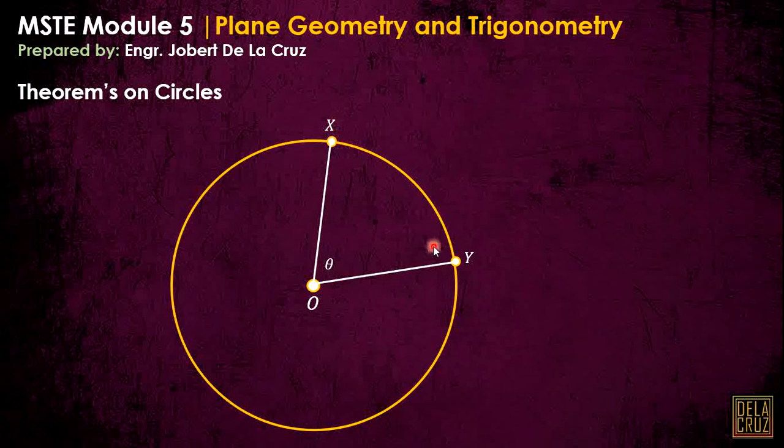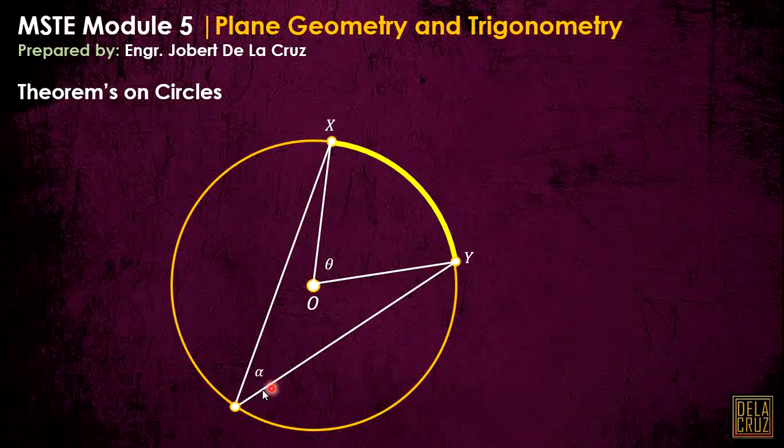Now, if these two points are connected to another point on this circle, then it will have an inscribed angle. This is our inscribed angle alpha. From those two points, we connect to one point there, by lines. And by the way, this is what we call the intercepted arc.